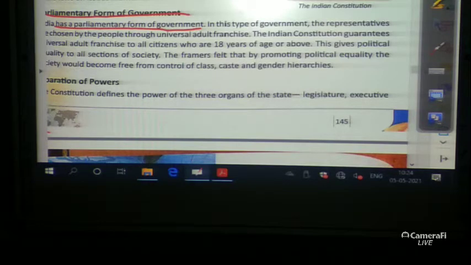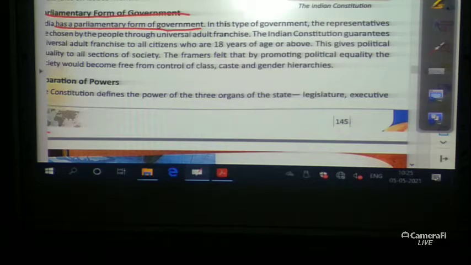We have already discussed that the people, by giving their vote, elect the representatives who make the government. So the representatives are chosen by the people through universal adult franchise.